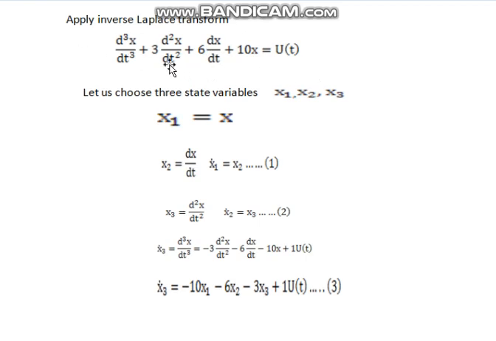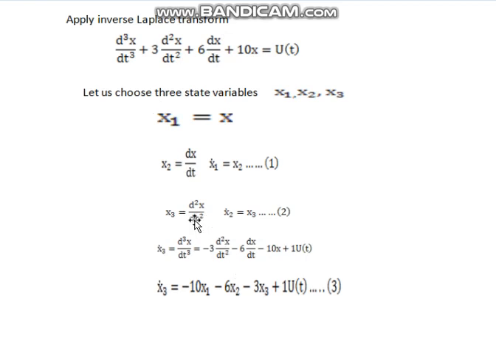This is a third order equation, so we have to consider three state variables, x1, x2, x3. x1 equals x, x2 equals dx by dt, so x1 bar equals x2. x3 equals d square x by dt square, so x2 bar equals x3. And x3 bar equals d cube x by dt cube, which I write as minus 3 d square x by dt square minus 6 dx by dt minus 10x plus u of t.